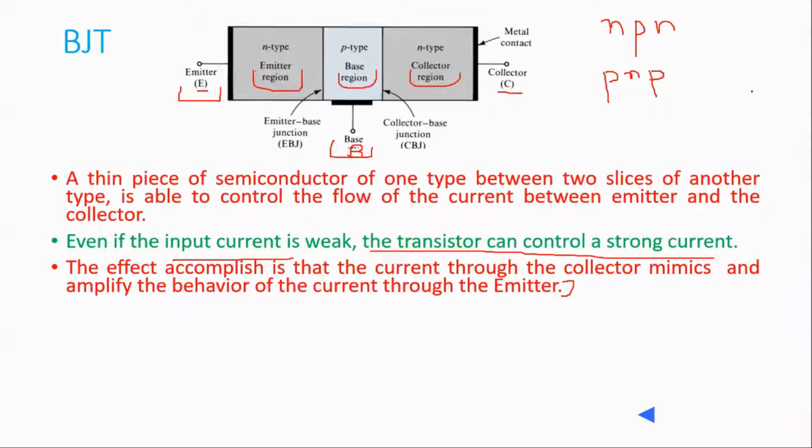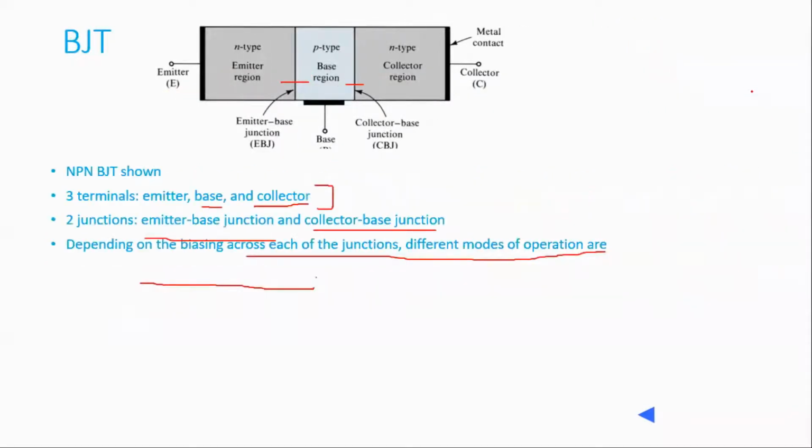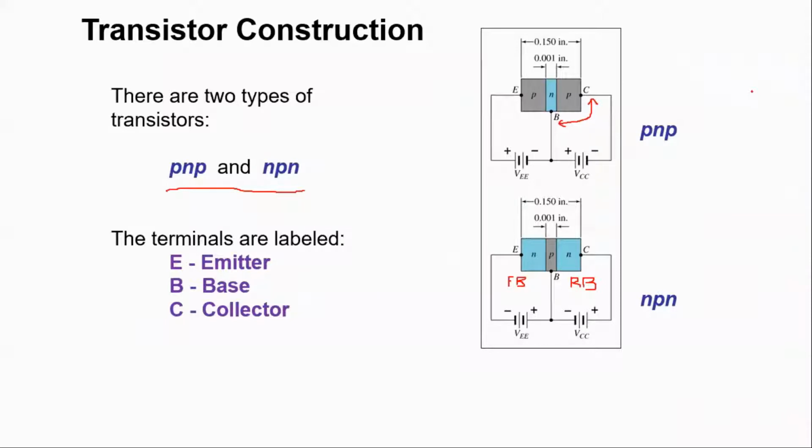We were discussing BJT and its various aspects, some of the very basic things about BJT, its terminals, its junctions, and the various types of BJTs. Now we will get into some detail.